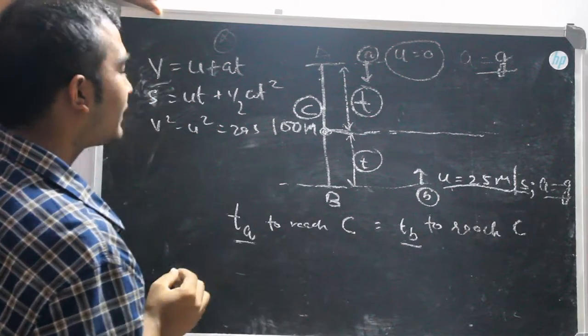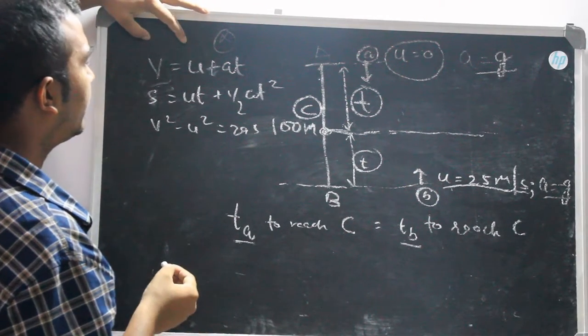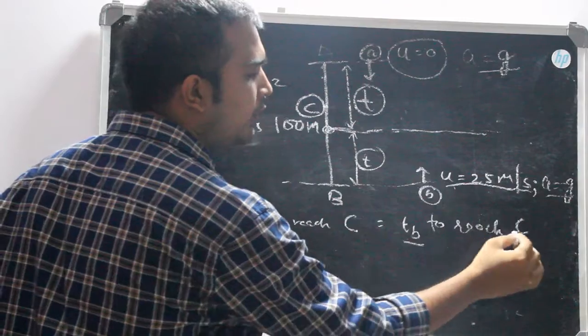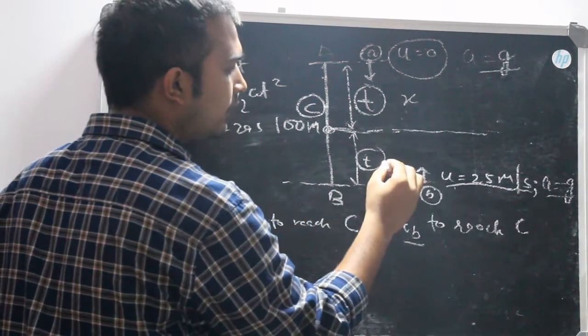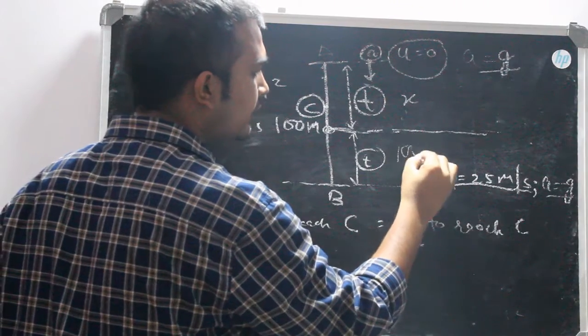Time taken to reach C: time for A to reach C is going to be time for B to reach C. Also, if this travels distance x, the other one is going to travel 100 minus x.